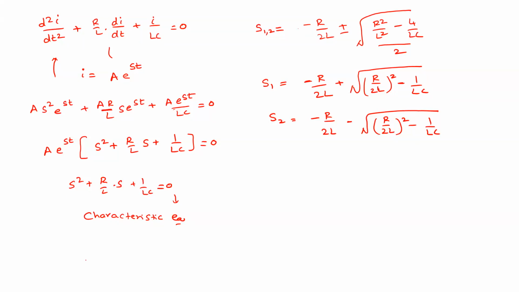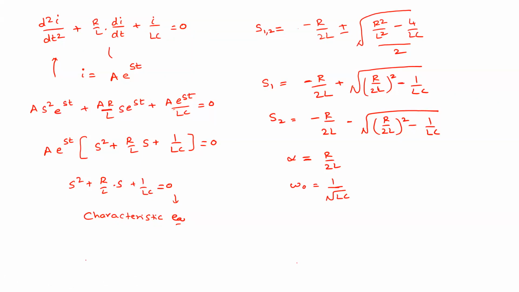So let us reduce this one. Let us assume that alpha equals R by 2L, and this 1 by LC can be written as omega naught equal to 1 by square root of LC, right?